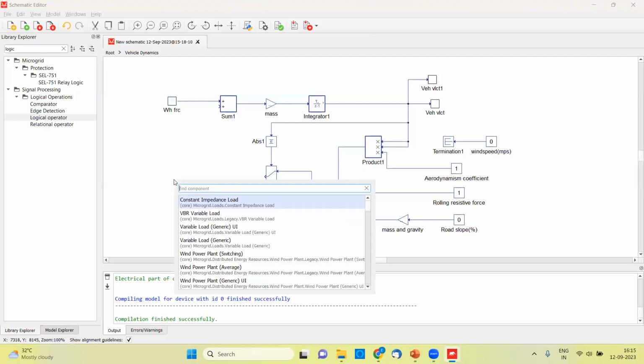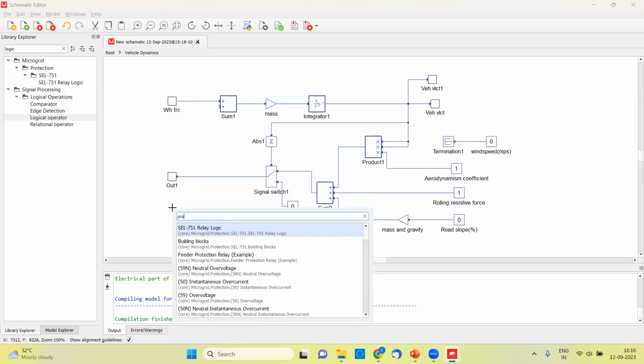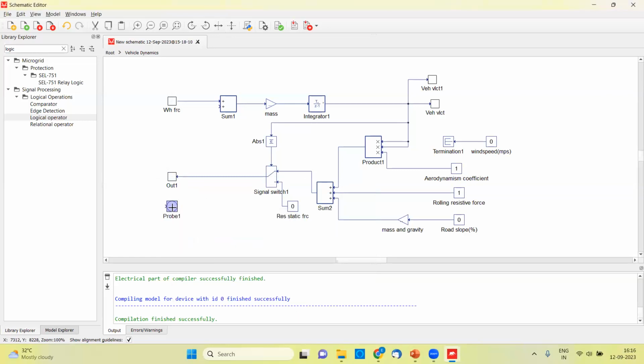Now I'm going to take one signal output port. I've connected it with the output. And we are also going to use one probe, because again, what we want to do is we want to see this signal generated in the SCADA when we are going to make the SCADA panel.